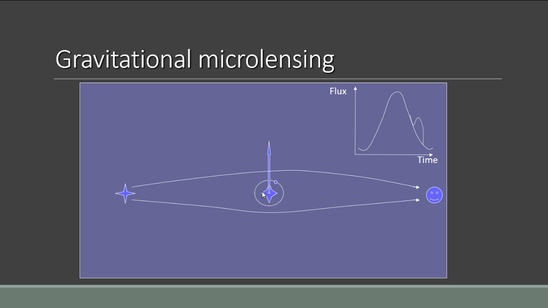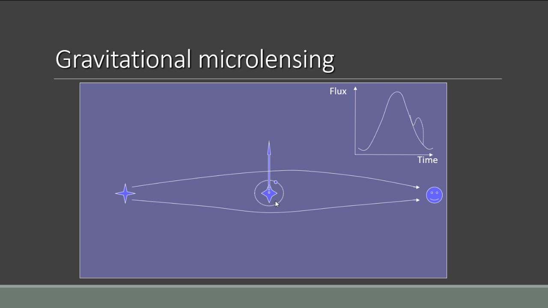So as it passes, it works like a gravitational lens, and we observe enhancement of the flux of radiation from that star. The maximum is reached when the lens is in the closest position to the line of sight, and then it continues its movement, and we see a drop.